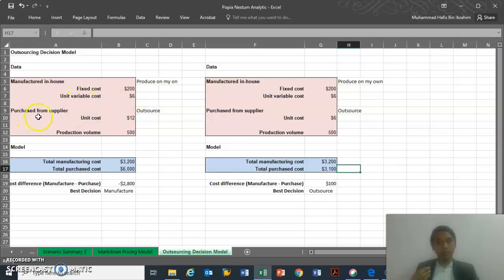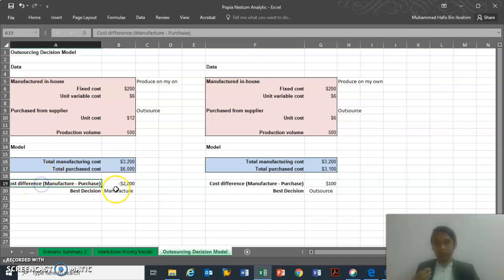While if I purchase from another supplier, my unit cost is 12 ringgit and my production volume is 500 units. After calculating all of this, I got my total manufacturing cost is 3,200 ringgit, and the total purchase cost if I purchase from another supplier is 6,000 ringgit.